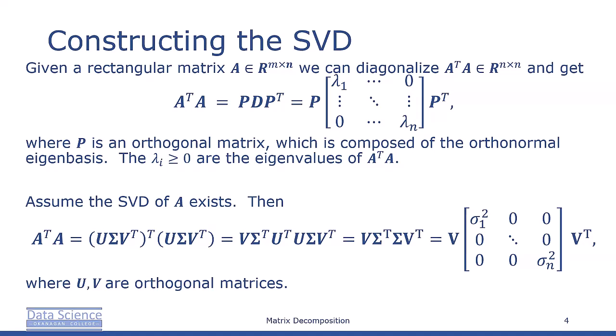U transpose U is the identity matrix, which leaves us with V sigma transpose sigma V transpose, or essentially V times the matrix of sigma squares down the main diagonal times V transpose. So right away, this gives us that the sigma i's squared are equal to the lambdas.